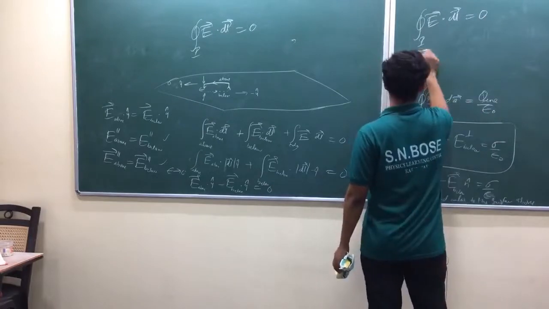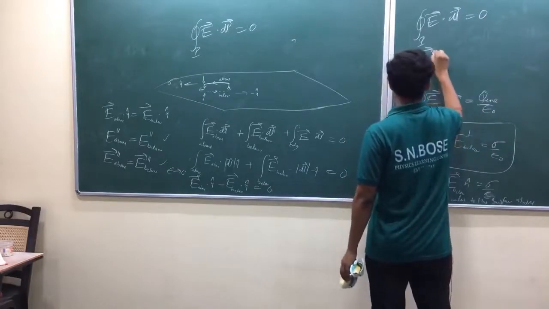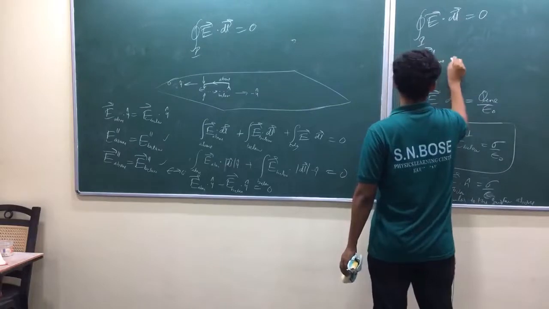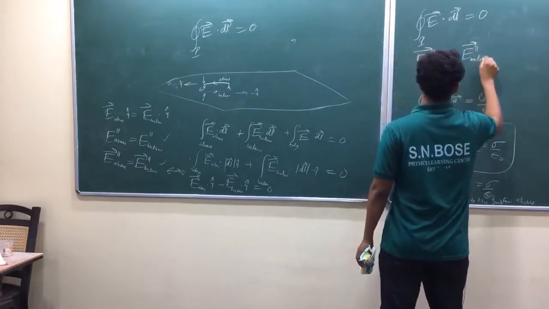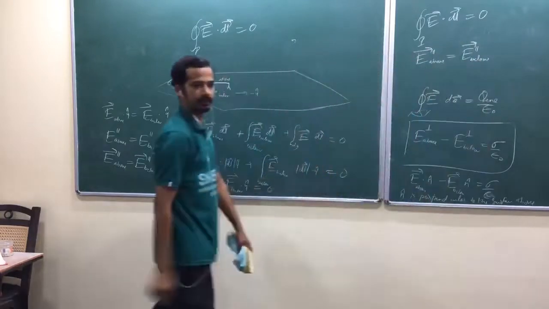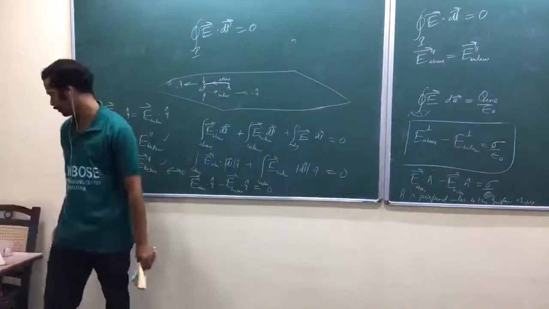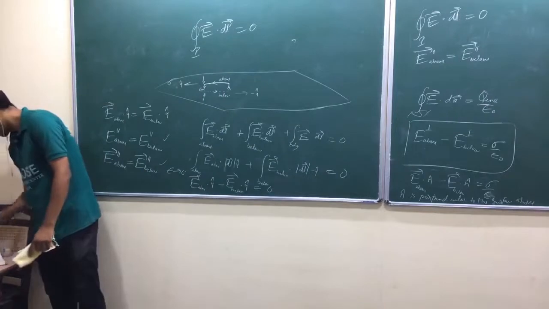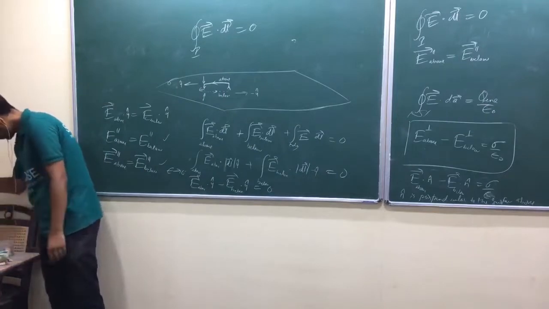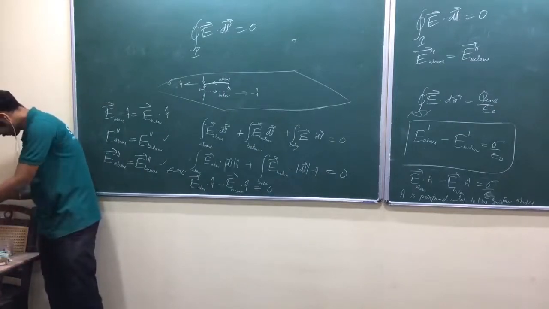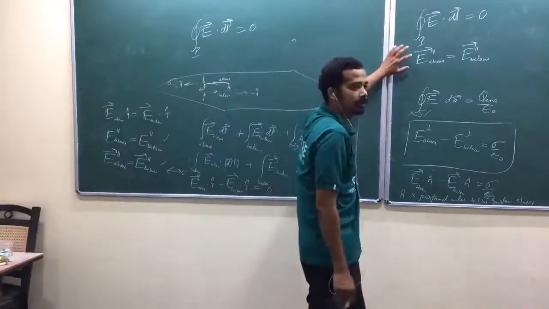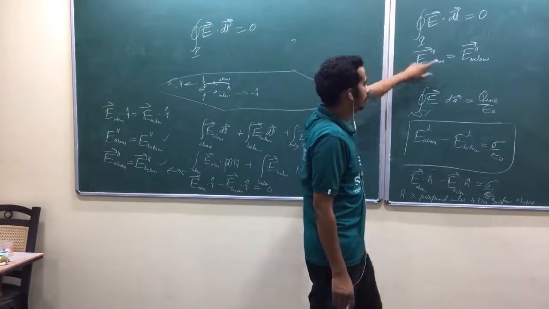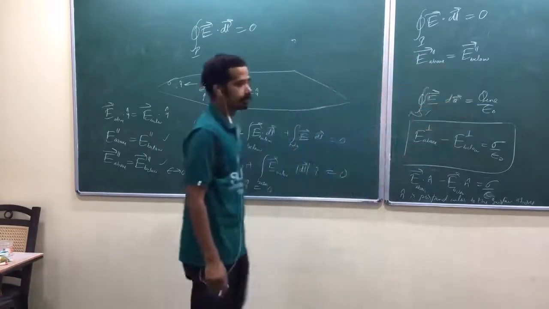That led to E parallel above is equal to E parallel below. Whenever I write a vector, there will be no confusion, isn't it? The component of the electric field parallel to the surface above, and the component of the electric field parallel to the surface below.